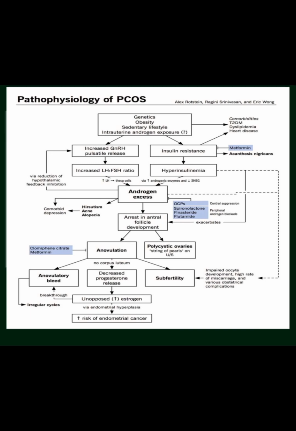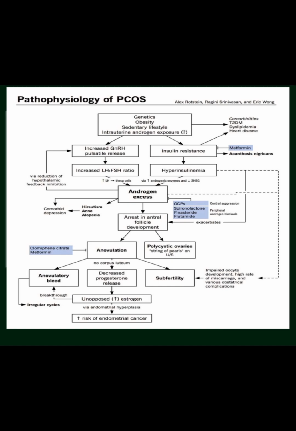For that anovulation, if we want to induce ovulation, we can put them on clomiphene citrate, because we know that this patient is not ovulating because they have immature follicles. So we can induce that ovulation using clomiphene citrate, and we can also put them on metformin for that insulin resistance, just to improve the insulin resistance.